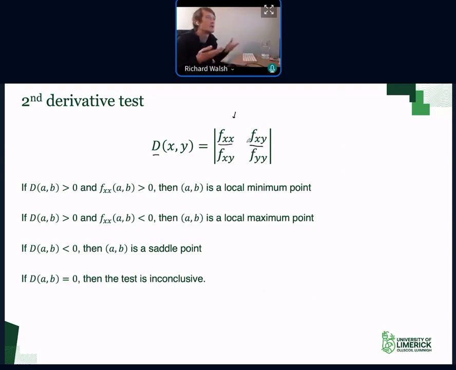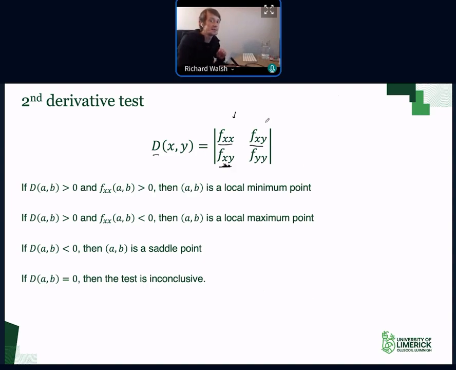It doesn't matter which order you take this in, because mixed partial derivatives commute. It doesn't matter whether you take the first partial derivative with respect to x and differentiate that with respect to y, or you take the first partial derivative with respect to y and differentiate that with respect to x. Sometimes you will see that this is fyx, but they're the same thing. Mixed second partial derivatives commute. They're exactly the same for well-behaved functions.